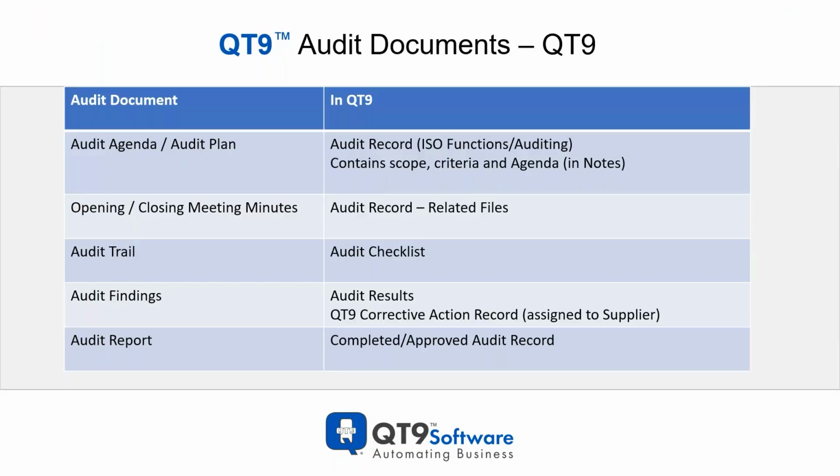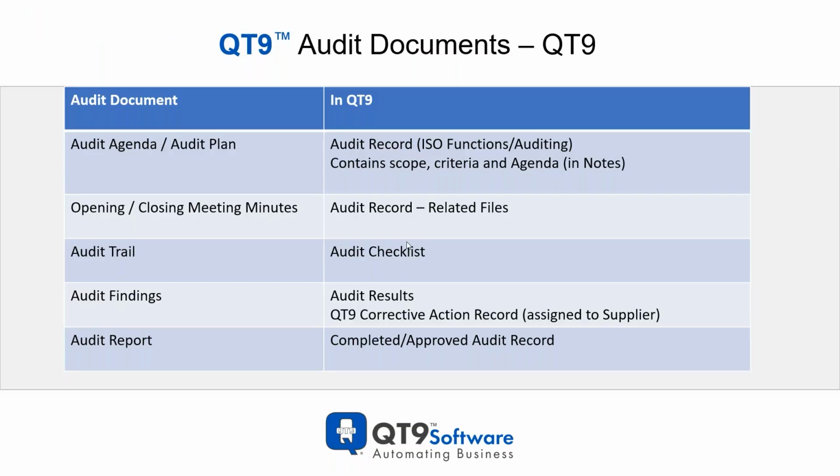The very last thing that I want to cover is the audit documents in QT9. Again, we went through an audit plan, and I wanted to start it off with the agenda, with the plan. In QT9, we have the audit record, which has the scope, the criteria, the agenda, the dates, the auditors, and so on, the elements, even the questions. Your opening and closing meeting minutes.